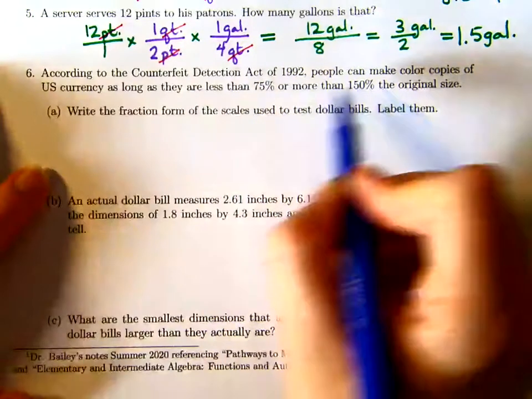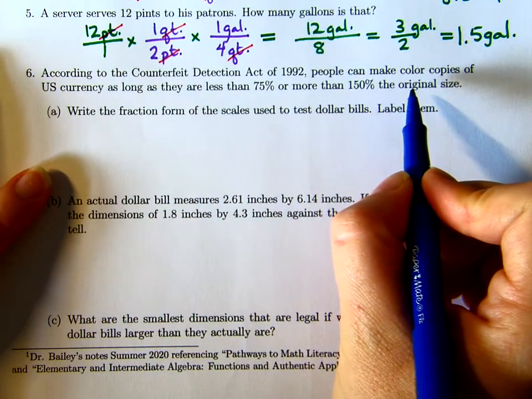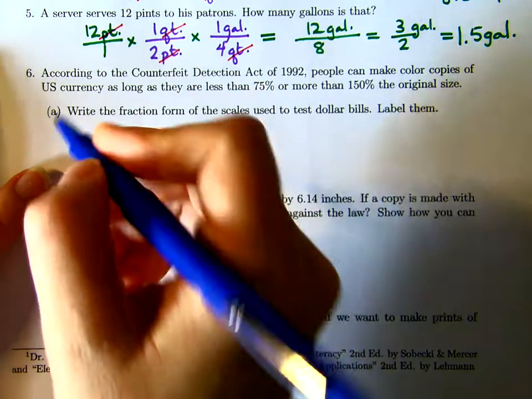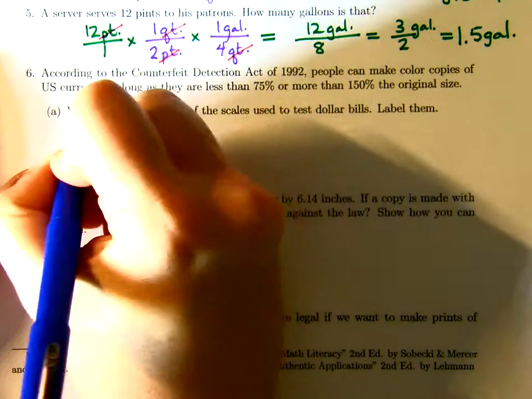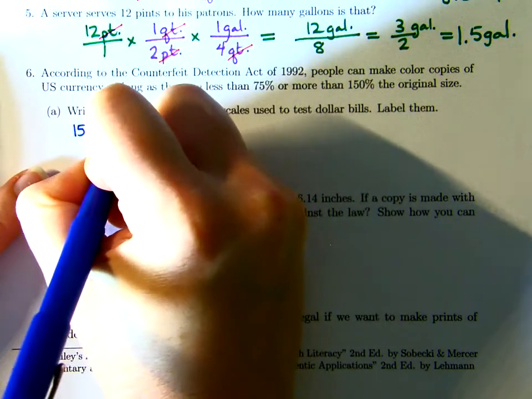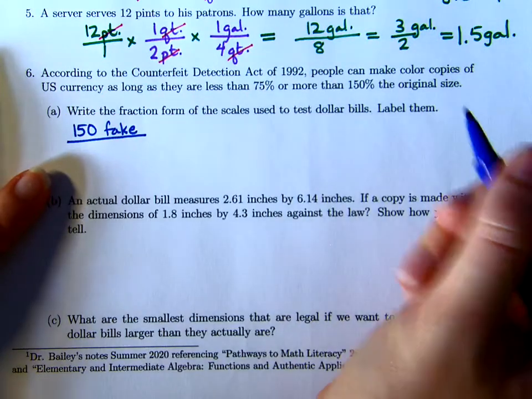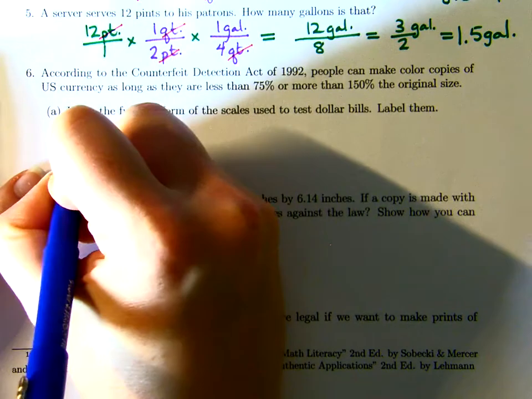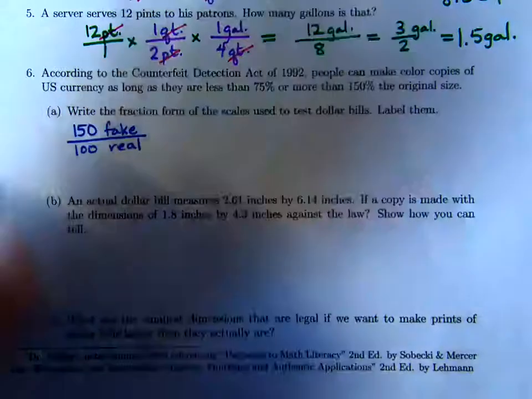So fraction form of the scales, 150% of the original size. So let's see, 150%. Let's go 150 fake compared to 100% real.